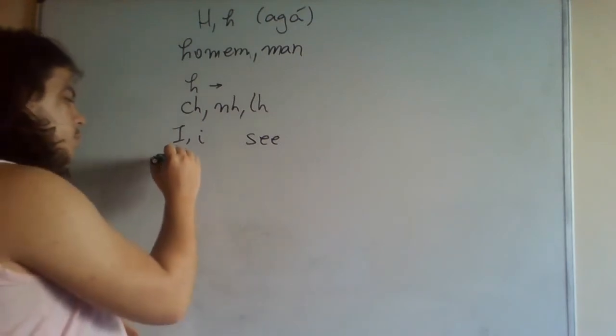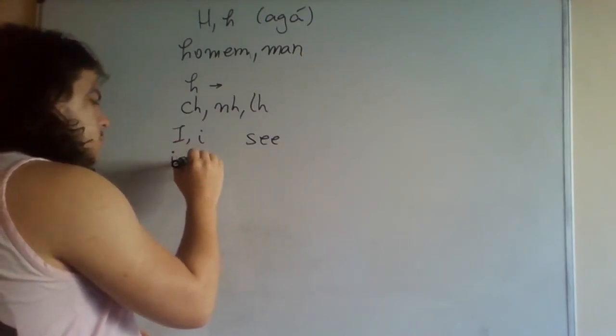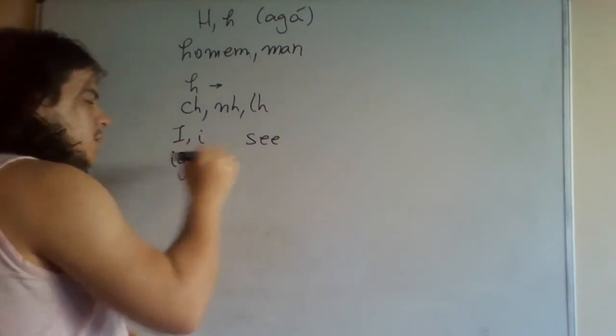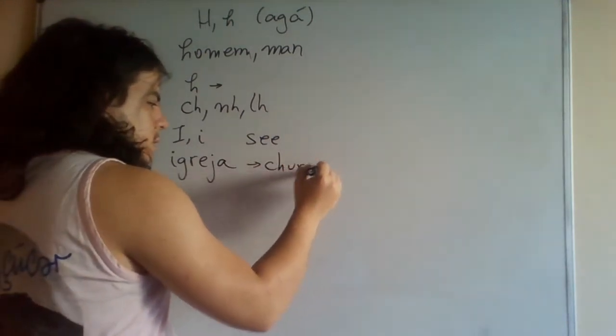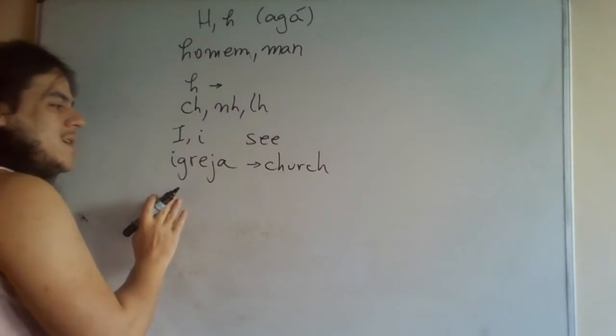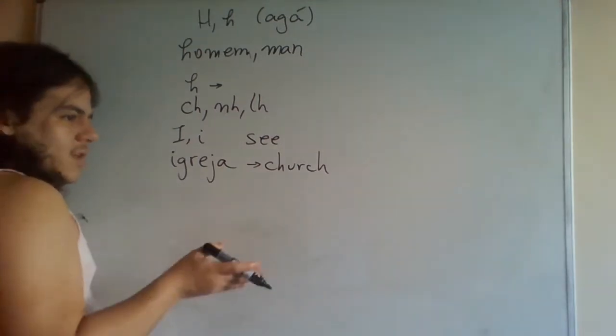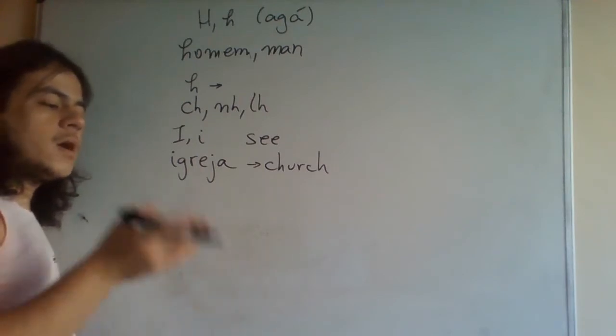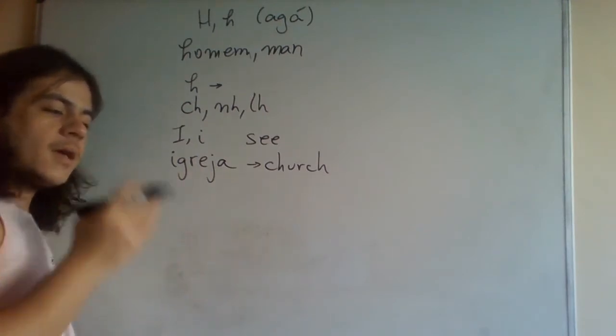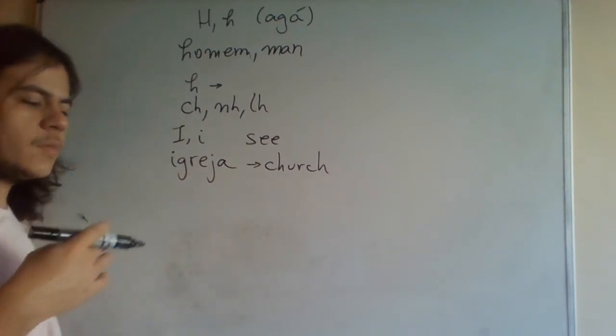For example, igreja, it means church. Igreja. Letra I can also have a nasal sound before letters M and N when they are in the same syllable.